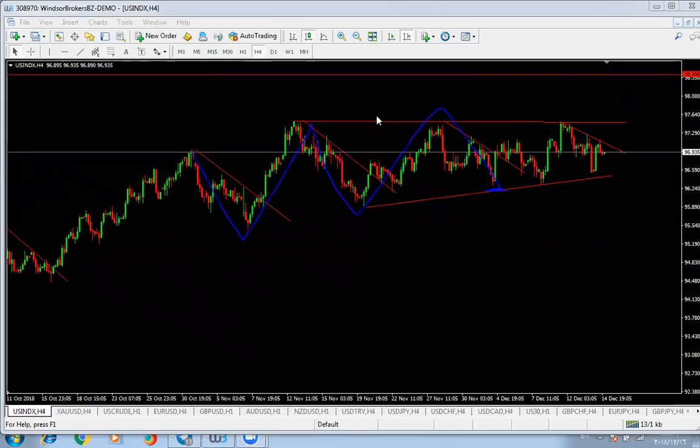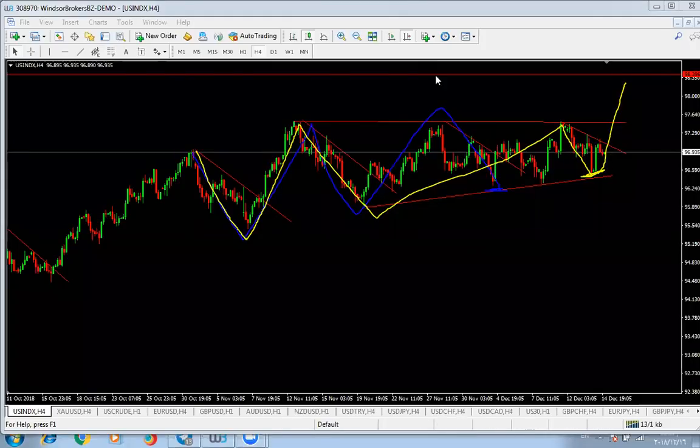But we have a minimal change in the triangle, like this: A, B, C is the whole D, and this is wave E. This is a minimal change, keeping the uptrend intact. So wave E is right there for the new change for the dollar index. So price is expected to move at any moment to the upside.